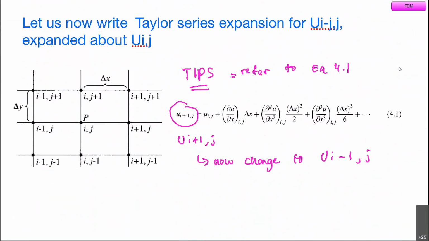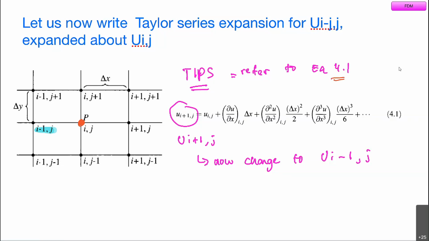So now let's try to write the Taylor series expansion for u i minus 1 j. If you refer to the figure over here, it is the one on the left side. Remember, this is our origin in the middle here, P. To do that, again, we can just refer to equation 4.1 about the Taylor series expansion.